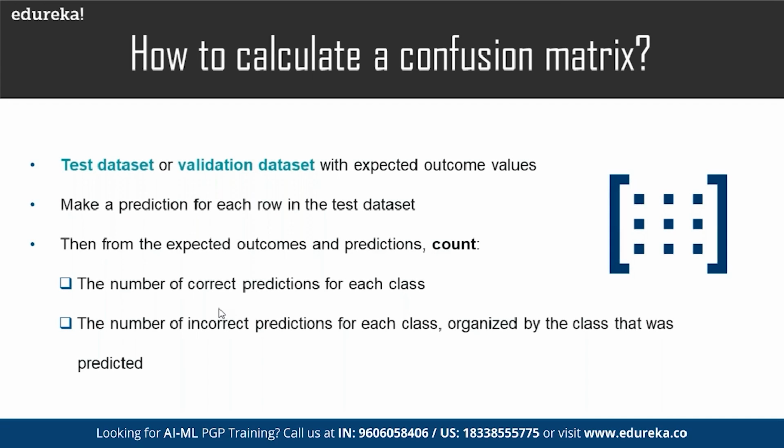There are these different kinds of things we get to meet, but at this point this is out of scope for us. So the number of incorrect predictions for each classification is organized by the class that was predicted.